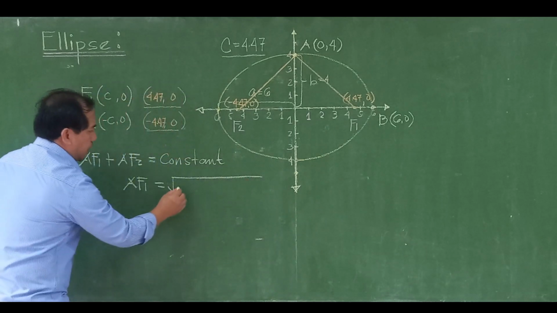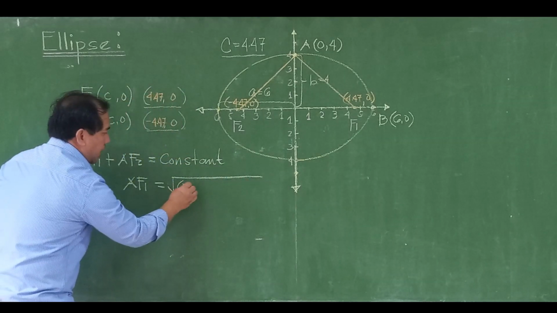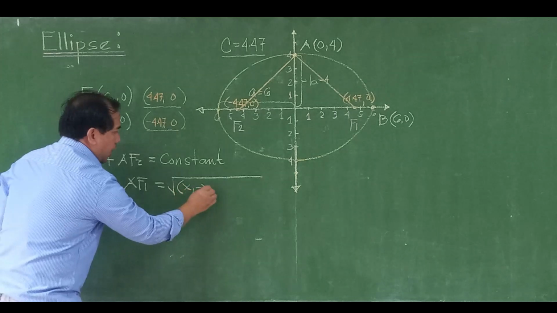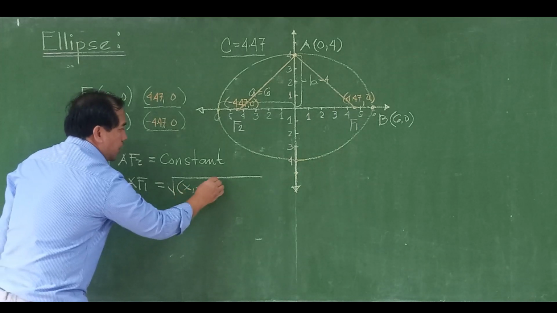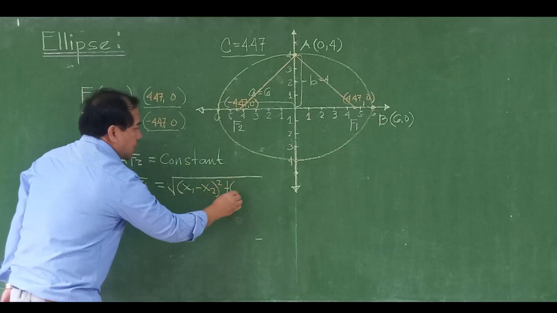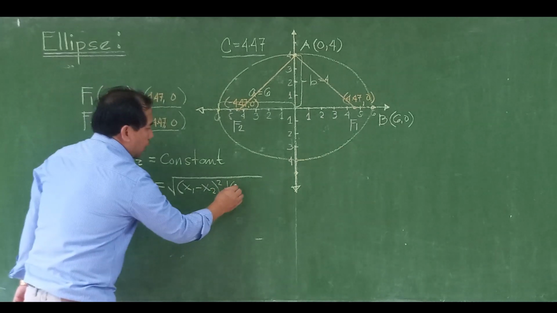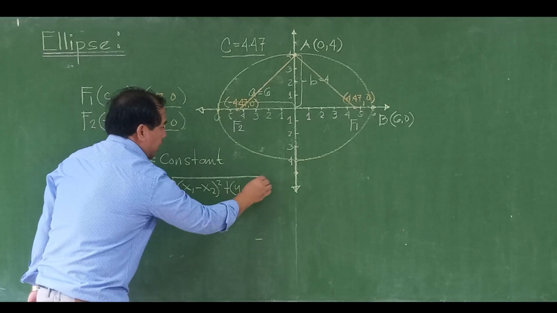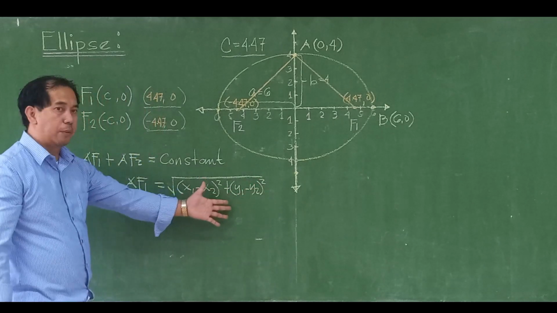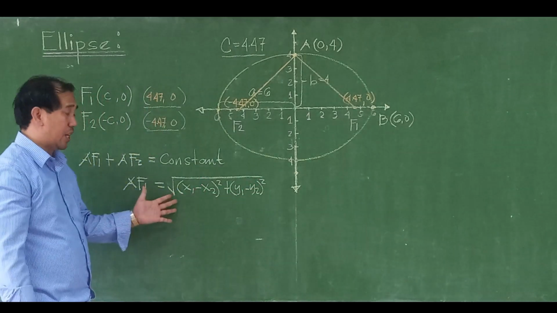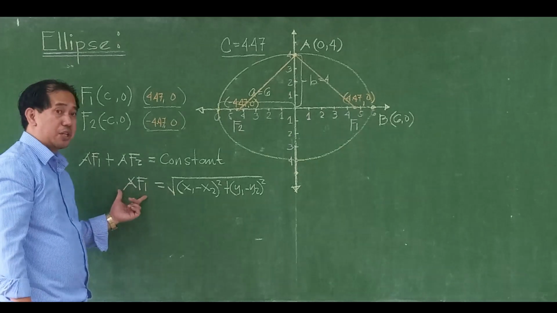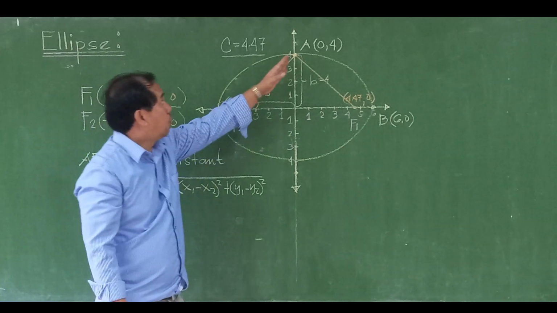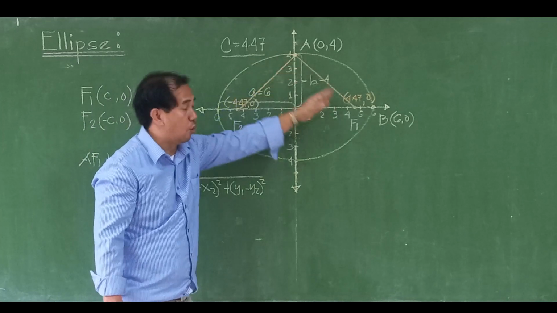What is our distance formula? That is the square root of x sub 1 minus x sub 2 raised to the second power plus y sub 1 minus y sub 2 raised to the second power. If we replace this one and extract the root, that must be the distance between point A and focus 1.